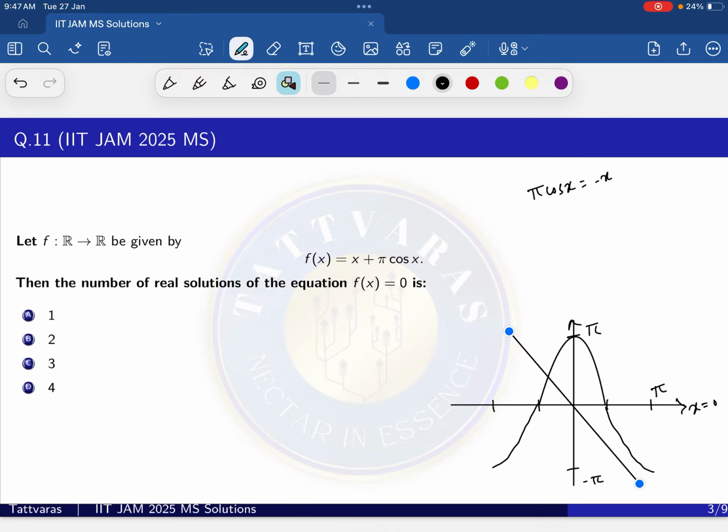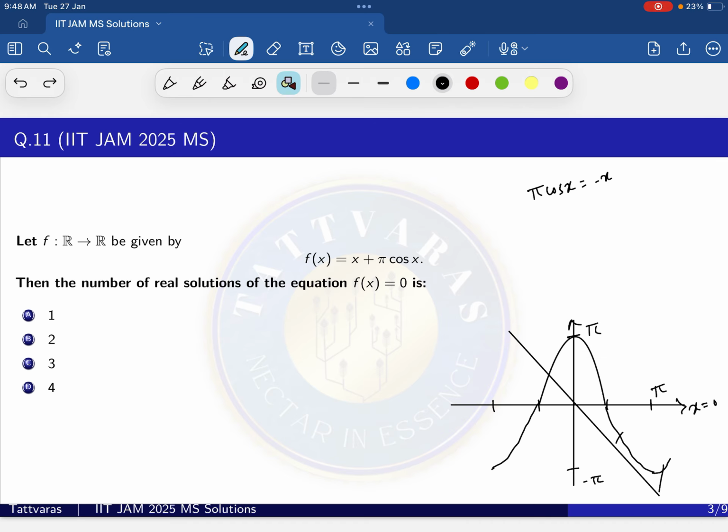Firstly, the curve may completely pass above this line and not even touch it. Next, it can cut this line, and it can pass through this curve more than once, and in that case we will have two solutions on this side and one solution here, so total 3. Or otherwise it may also go like this. In that case we will have only one solution.